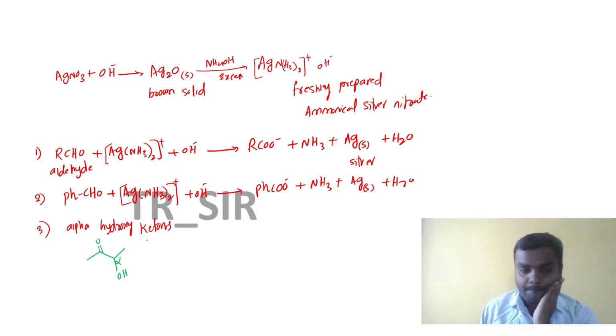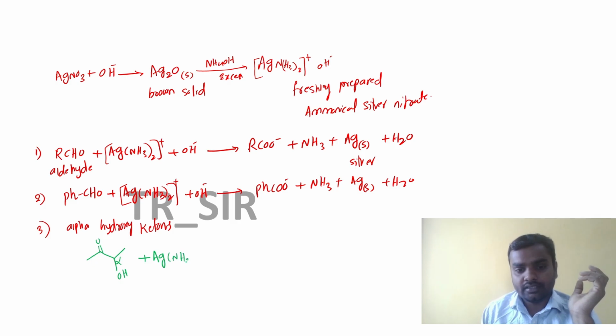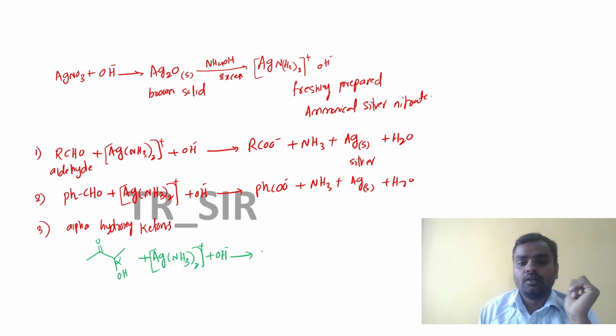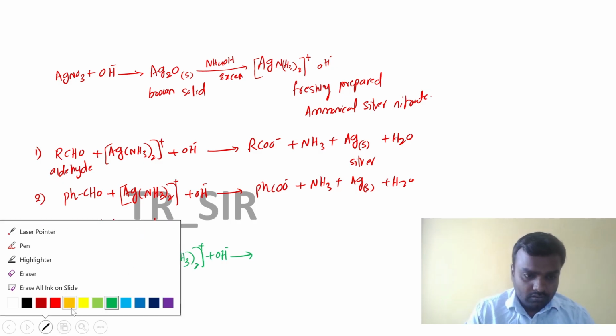Got it? Now again, we take the same AgNO3, [Ag(NH3)2]+ plus alkaline medium base. See, oxidation is nothing but loss of hydrogen. So here an H2 molecule will be eliminated.